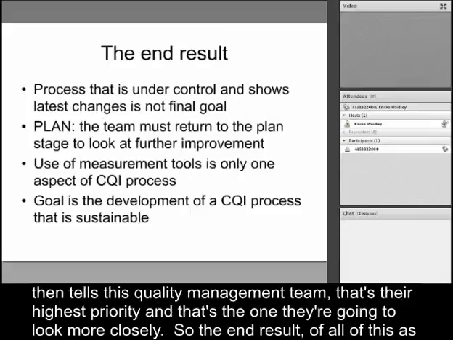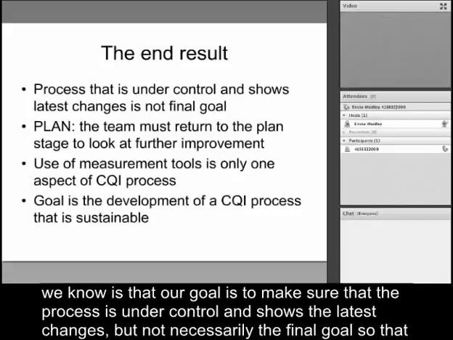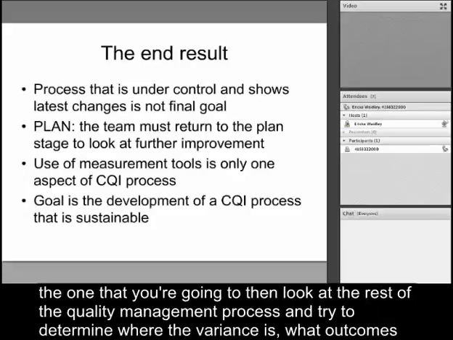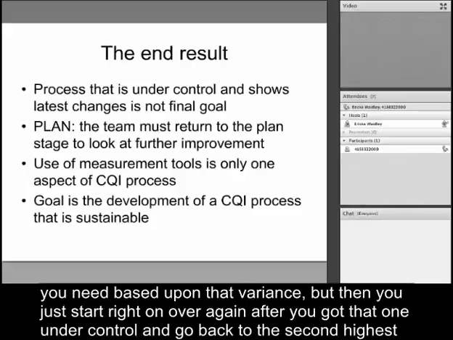So the end result of all of this, as we know, is that our goal is to make sure that the process is under control and shows the latest changes, but not necessarily the final goal. Each glitch in the process, either the highest priority on the bar chart or the highest spike on the other kind of control charts, is the one that you're going to look at through the rest of the quality management process and try to determine where the variance is, what outcomes you need based upon that variance.